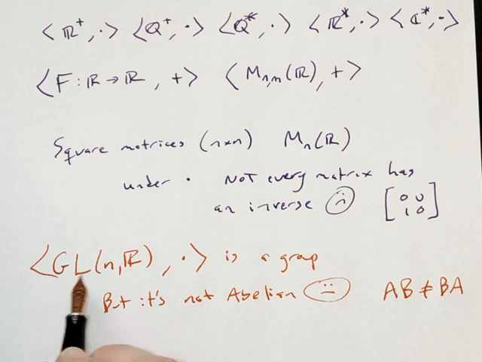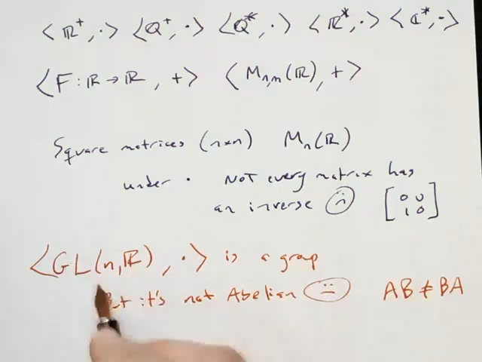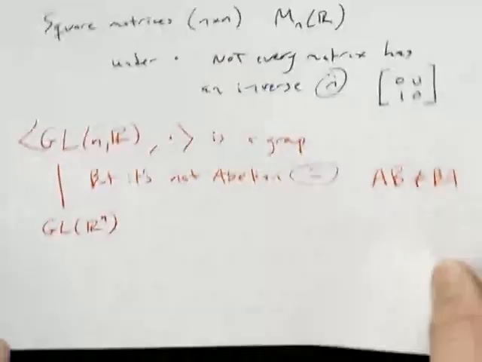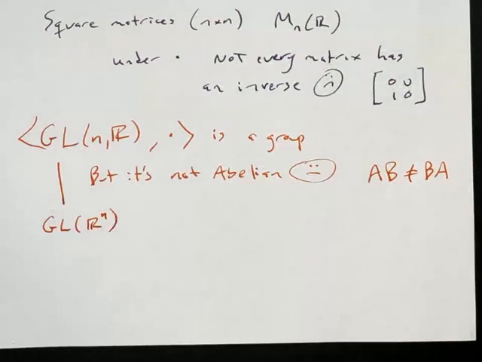You'll also see this written as GL of Rn, which relates it to linear transformations. Transformations like we did in Calc 3 at the very end, where we talked about the Jacobian transformation, all that fun stuff.